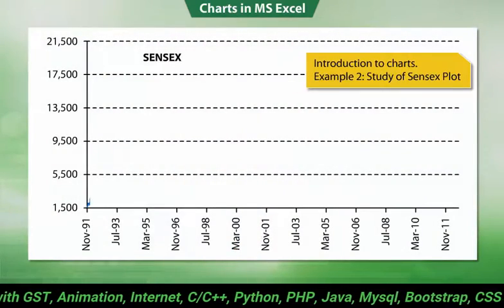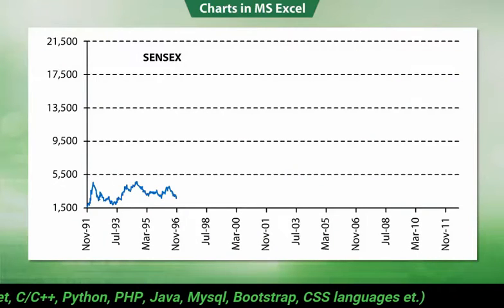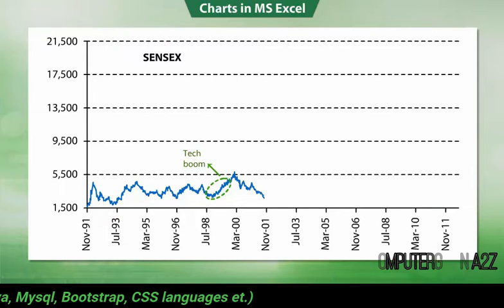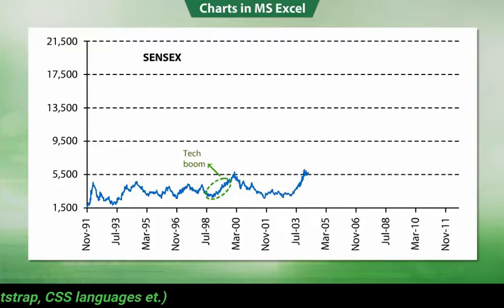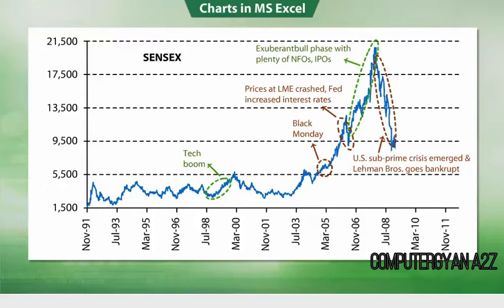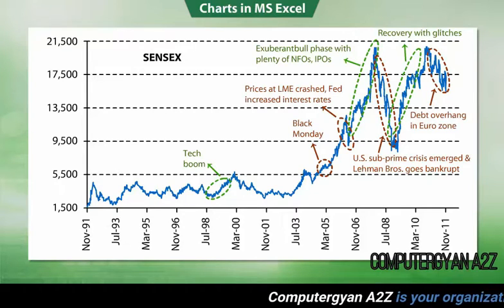Consider another example of the Sensex chart in a stock market. We study a chart of variation in the Bombay Stock Exchange Index with time in years. On close observation, analysts could explain each variation by associating it with the occurrence of an external event.